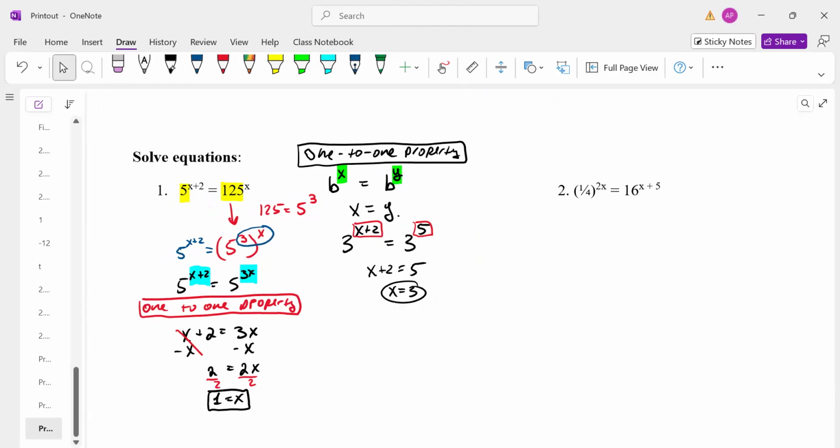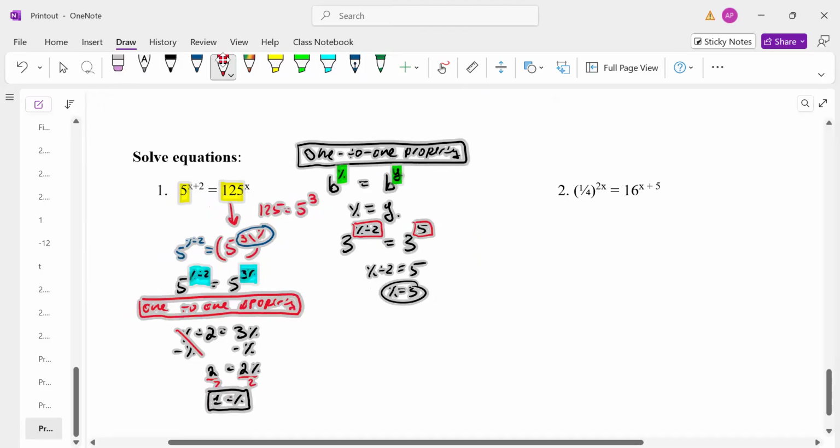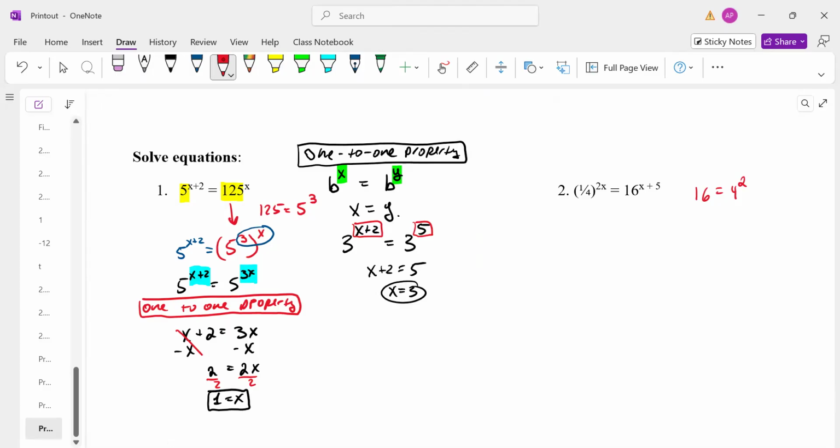Well, there are several different ways that can be done. So it doesn't have to be done in this one particular way. However, we can see that 16 is the same thing as 4 squared. Okay? At the same time, 1/4 is the same as 4 to the power negative 1.